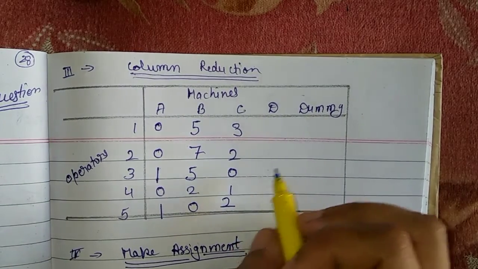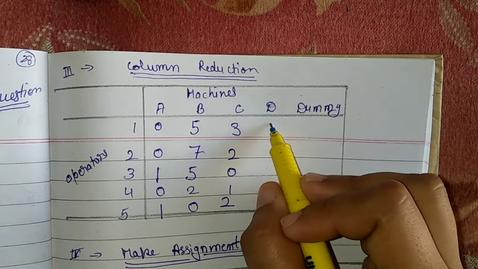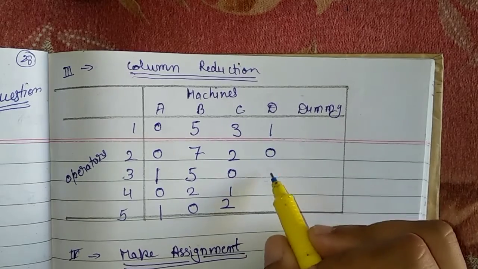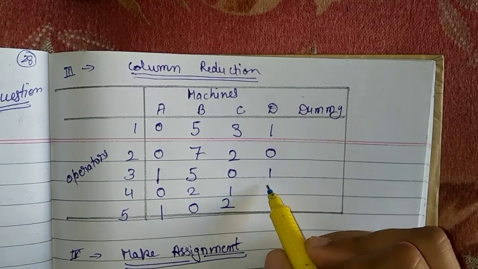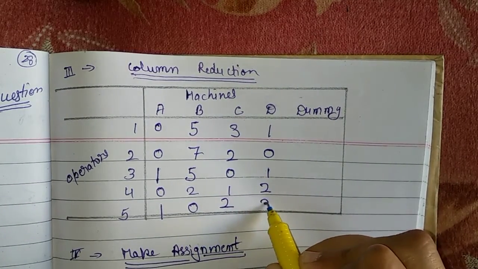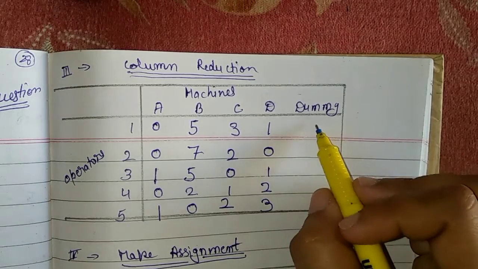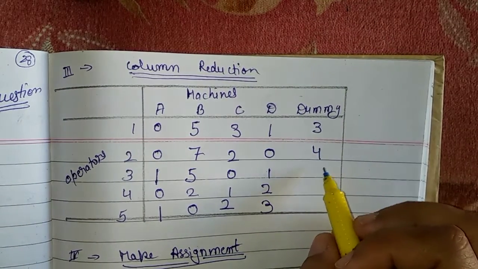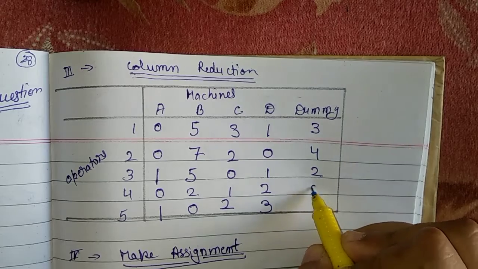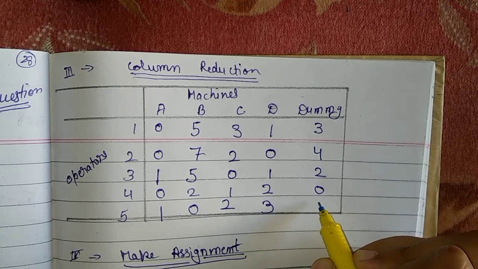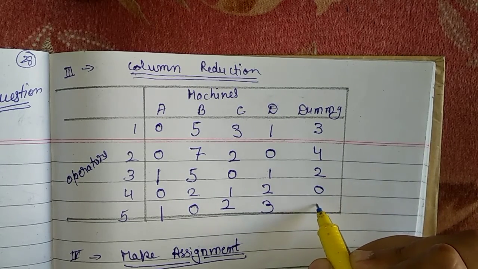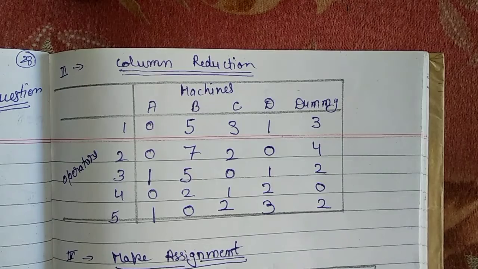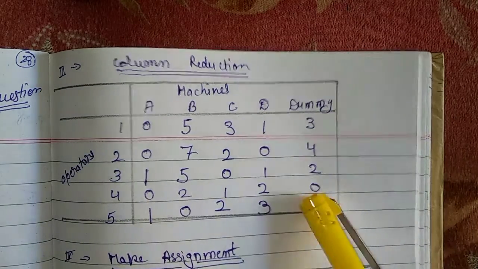Here 2 minus 1, 1 minus 1, 2 minus 1, 3 minus 1, 4 minus 1. Here 10 minus 7, 11 minus 7, 9 minus 7, 7 minus 7, 9 minus 7. Now our column reduction is complete.